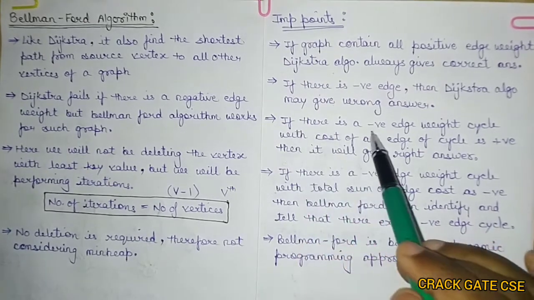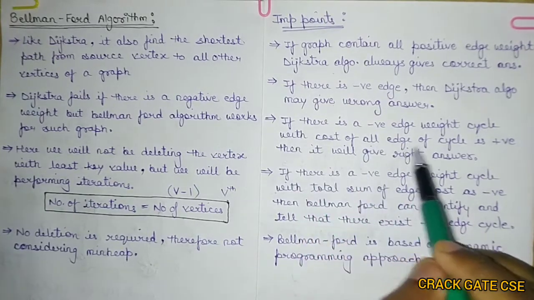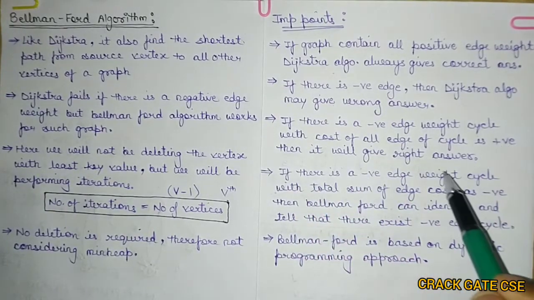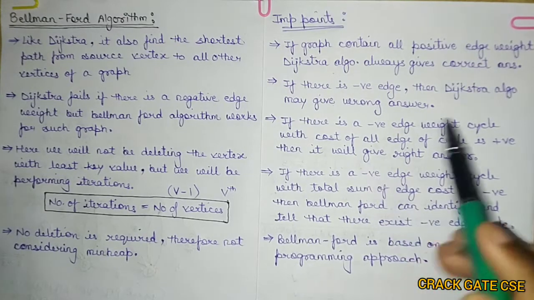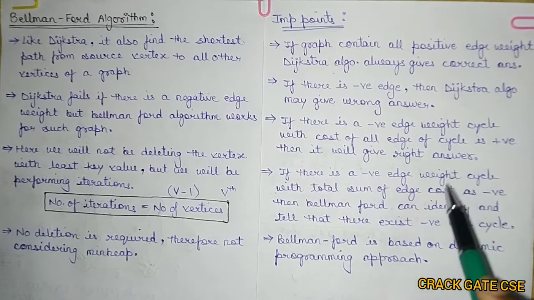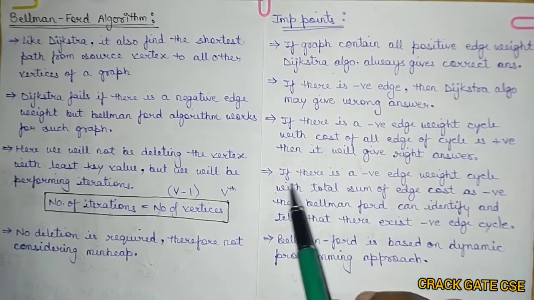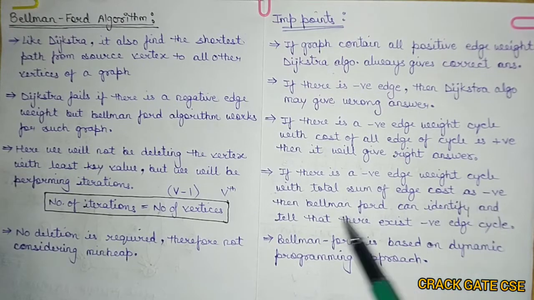So we cannot preserve the correctness in the Dijkstra algorithm. And if there is a negative edge weight cycle where the sum of the cost of all the edges of the cycle is positive, just as I showed you now, then Bellman Ford gives the right answer. And if the total sum of the cost is negative, then Bellman Ford can easily identify and tell that there exists a negative edge weight cycle.